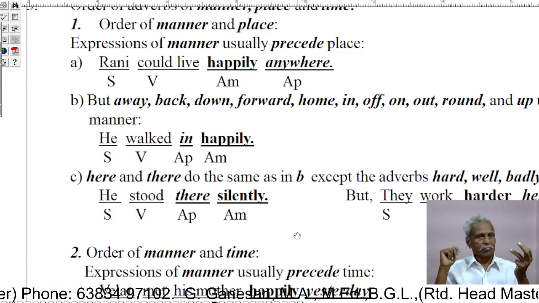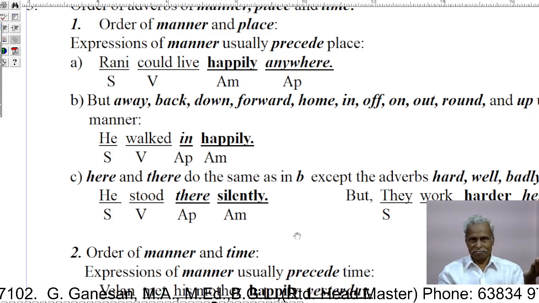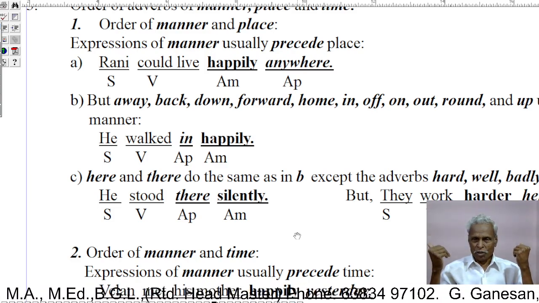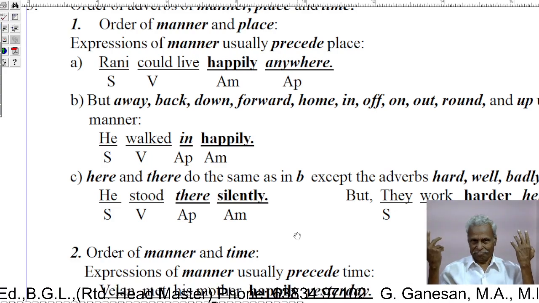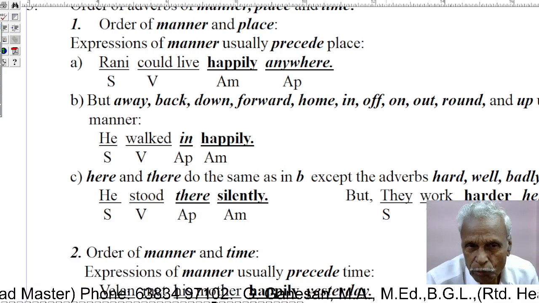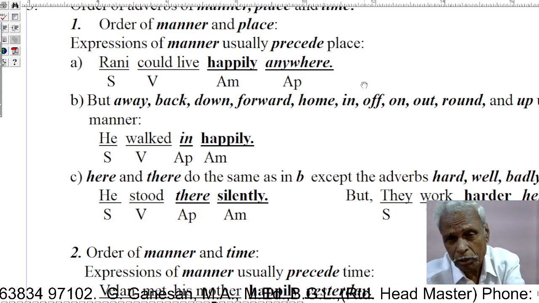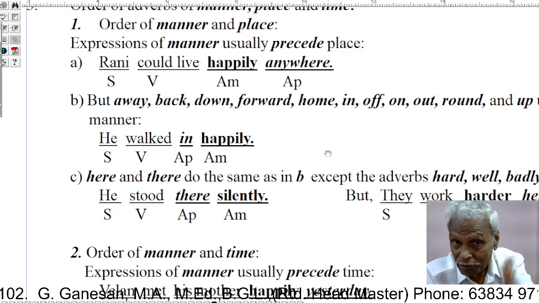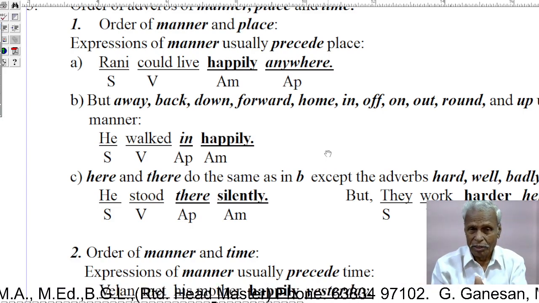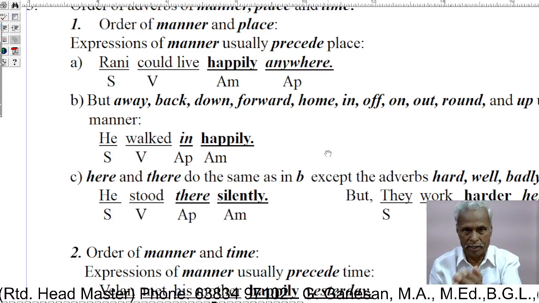Place first, manner next, because the adverb referring to place here is in. So normally manner should be placed first and place next, but when these adverbs away, back, etc. come, place should be placed first and manner next.